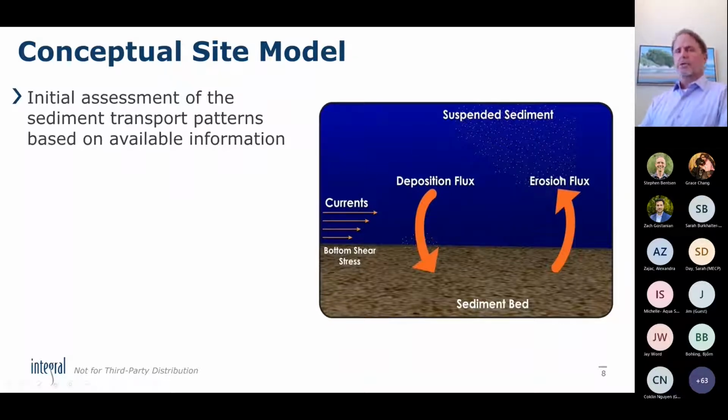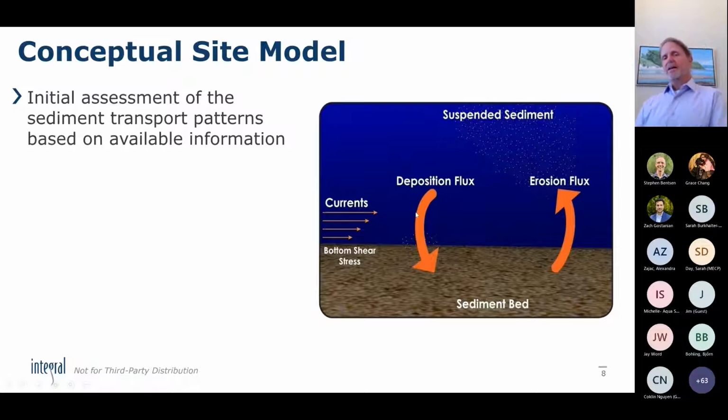But I've put a few terms out here as well. We're going to talk about erosion or erosion flux, and a flux is just an amount of mass moving in a certain direction. But erosion is when the currents in the system, or the bottom shear stress, which is the force generated across the bottom, is high enough to move sediment away from the sediment bed. It then becomes suspended and moves around in the water column, and Grace is going to talk a lot about that.